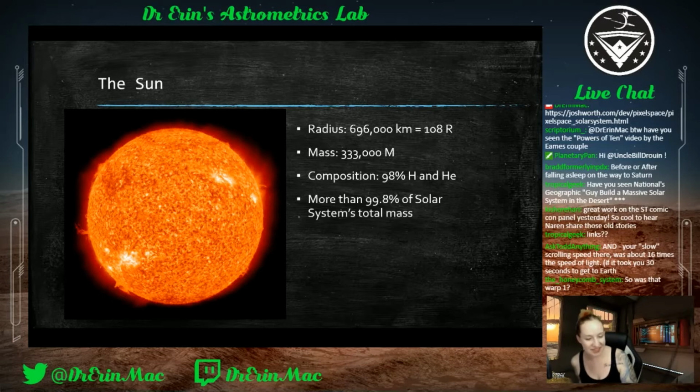The composition of the sun is mostly hydrogen and helium. It's got some other elements in it. When we talk about solar system and star formation, which we will get to, we'll talk about the fact that a star is a ball of gas, as Pumbaa said, and in the middle, it's fusing hydrogen into helium.